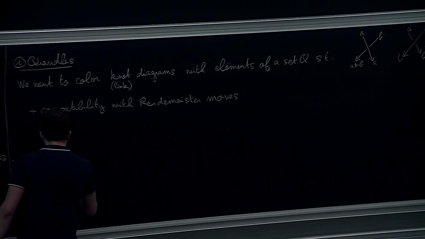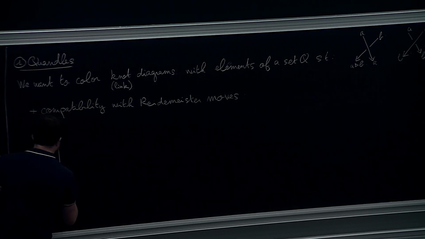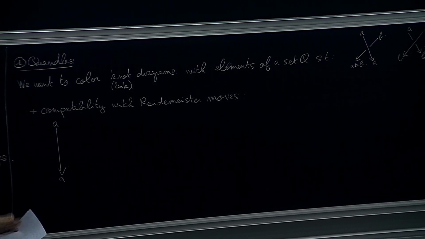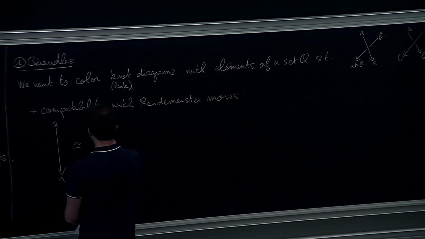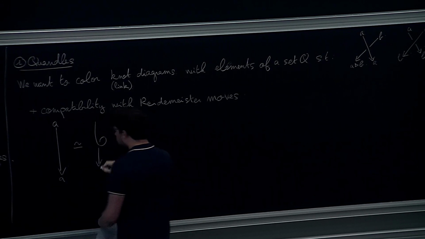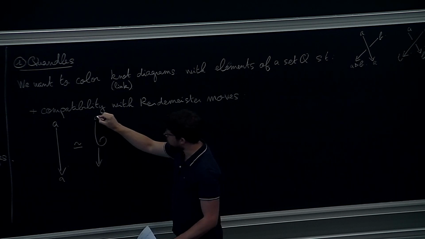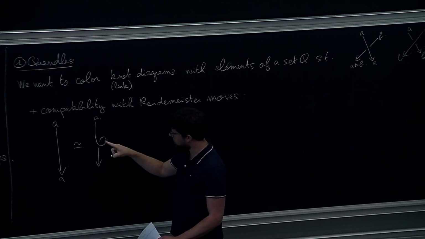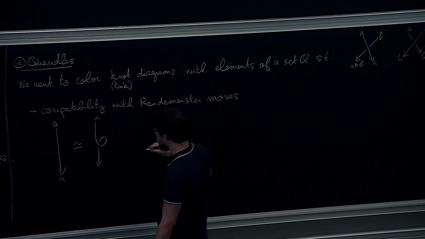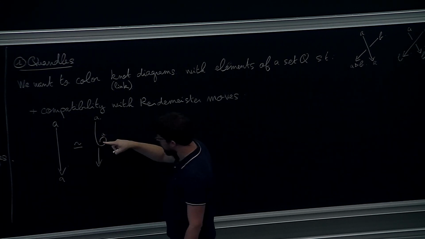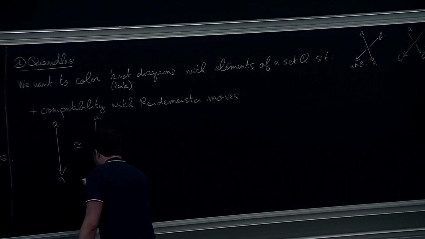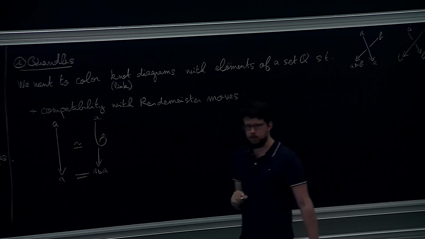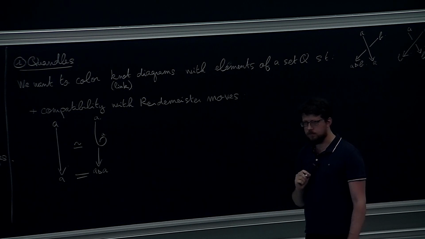So the first thing is that if I have one arc which is not cut, so it's the same color, then I want to deform it like this. And outside of the deformation, I want to keep A. But here, if I follow my rule, here is A, and then it's this one. So I want this to be equal to this one. That will be my first axiom.